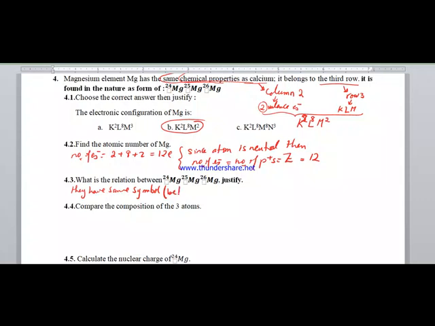They belong to the same element, with the same atomic number and different mass numbers: 24, 25, and 26. Different mass numbers mean these atoms are isotopes.